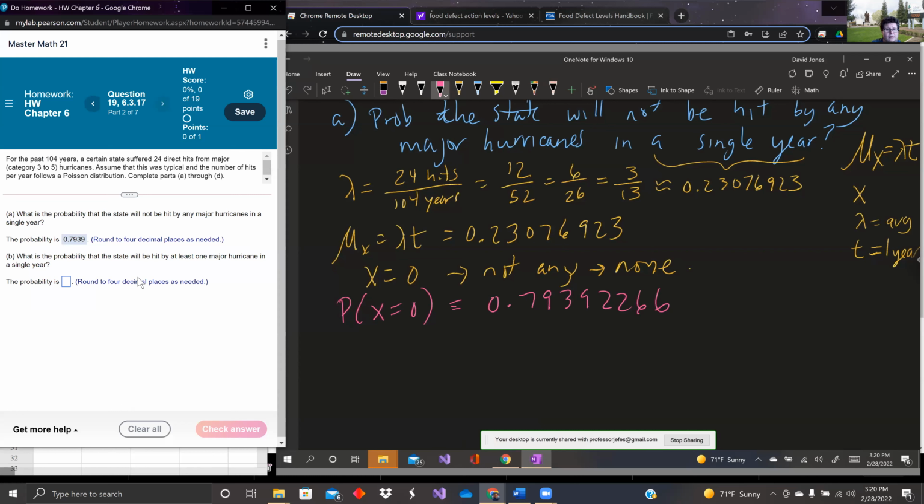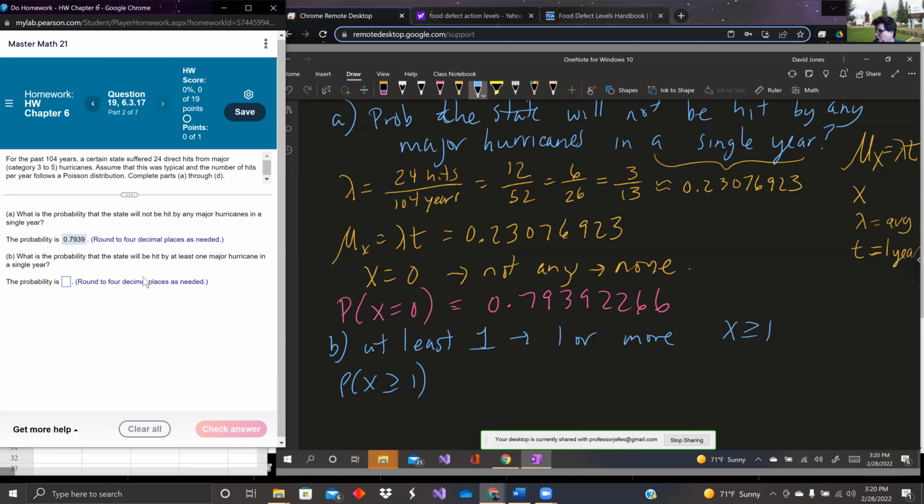Excellent. What is the probability that a state will be hit by at least one? At least one is 1 or more, or x is greater than or equal to 1. So that's what we're looking for here. Probability that x is greater than or equal to 1.